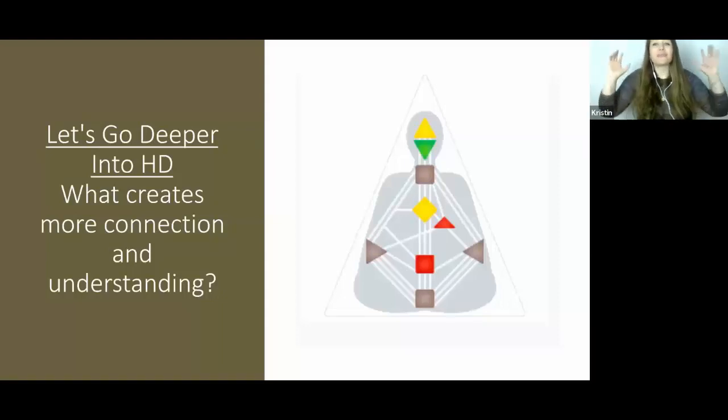So I just threw those out there, but now let's go deeper and find out what creates all these connections in human design. It's interesting because I read an article years ago and I remembered it while I was preparing this slide deck.